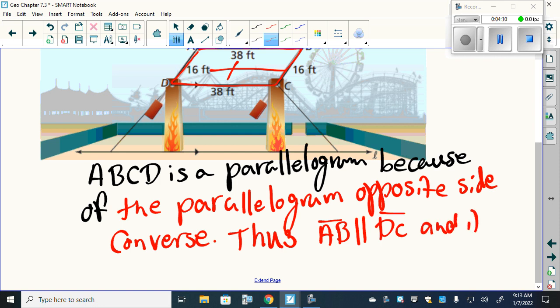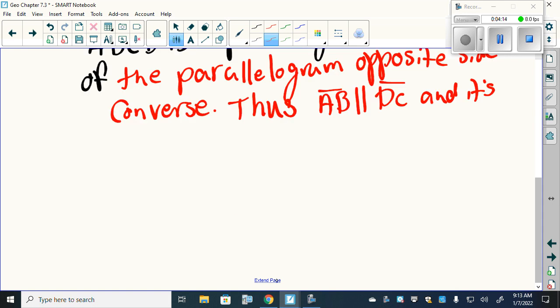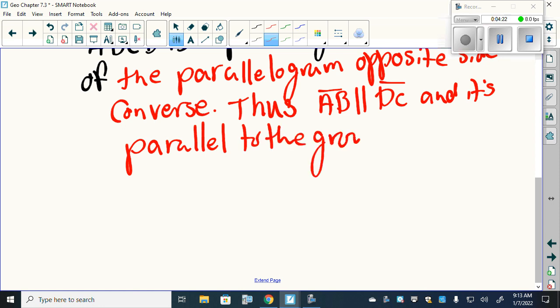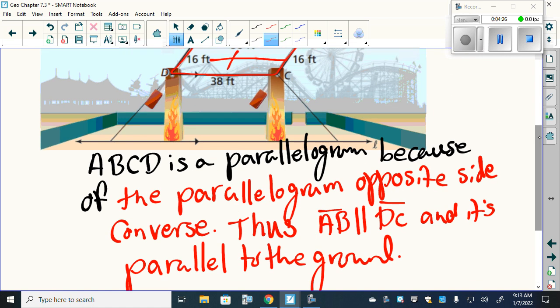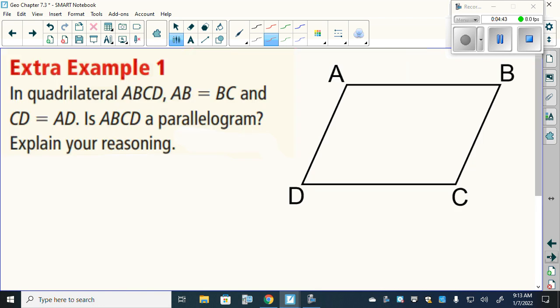And it's parallel to the ground. Any questions on this here? All right.